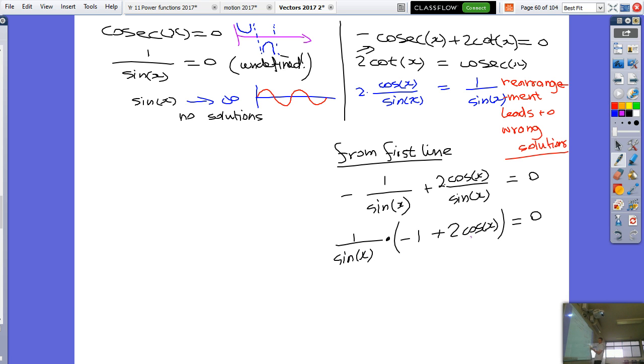Now, what can we see? Do we get 1 on sine equaling 0? No. But that means the bracket, negative 1 plus 2 cos of x, can equal 0.